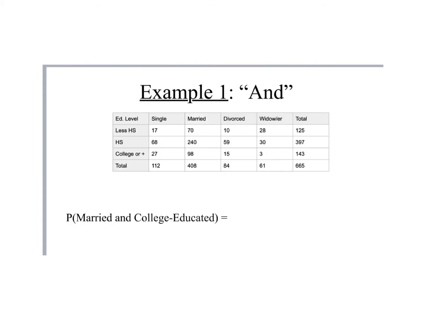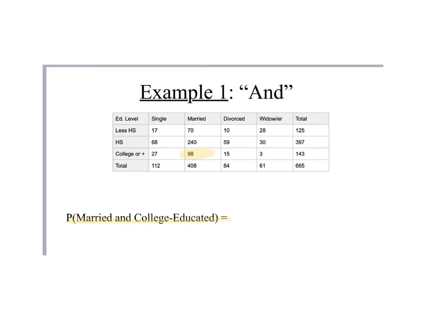Okay, so here's example 1. This is a review from last section of utilizing and in a probability. Let's find the probability of a person being married and being college educated. Recall from last time, you're going to look for the people who are married and college educated. That's this group of people right here.